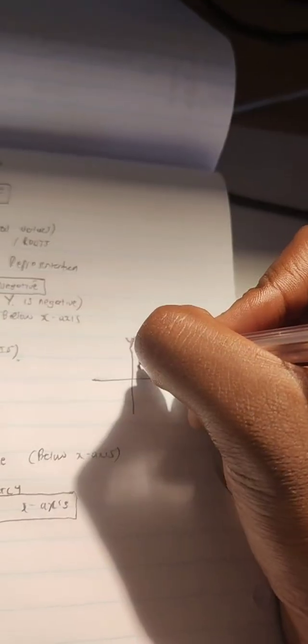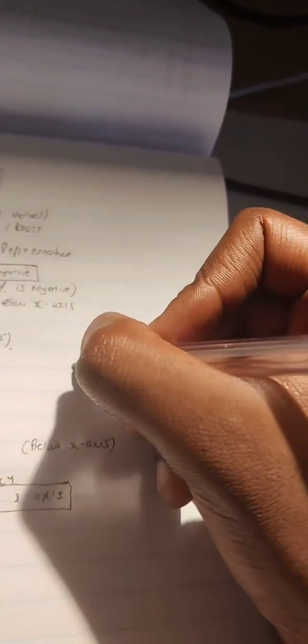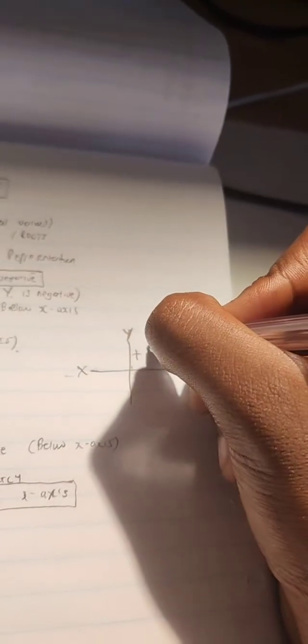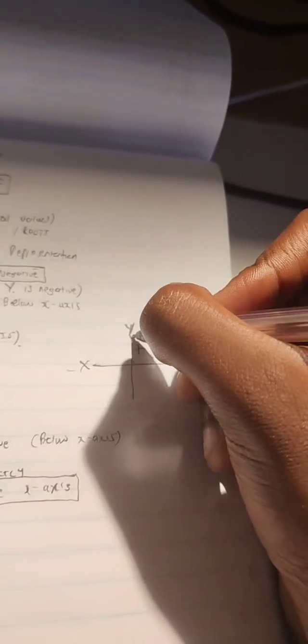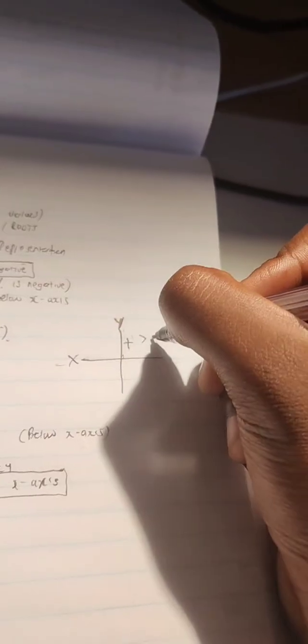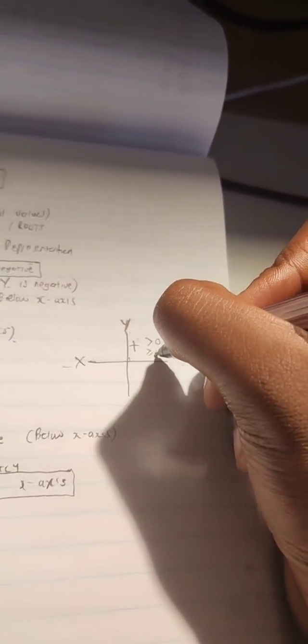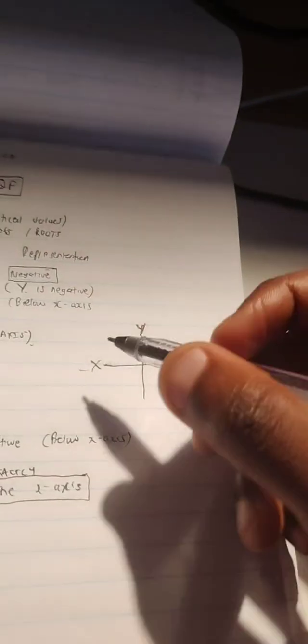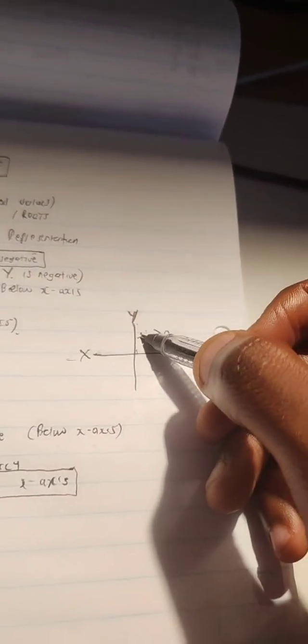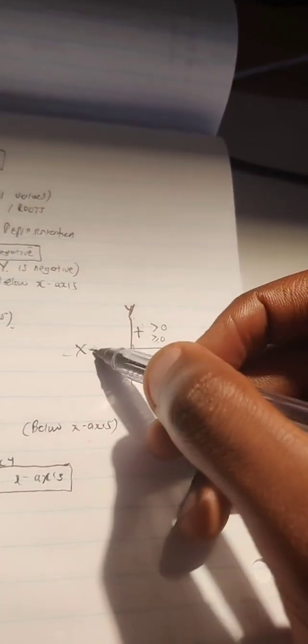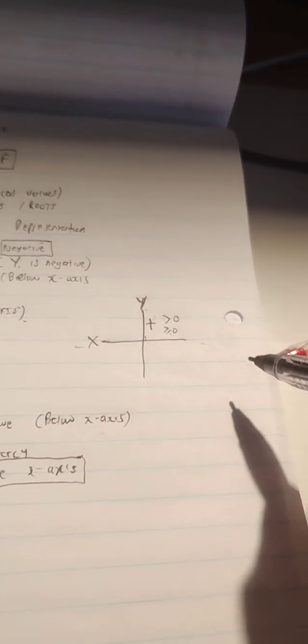So your Cartesian plane has the y-axis. This part above this axis is the positive part. This part of y is where greater than 0, and sometimes you say greater than or equal. But remember, greater than means positive, equal to 0 means on the x-axis.